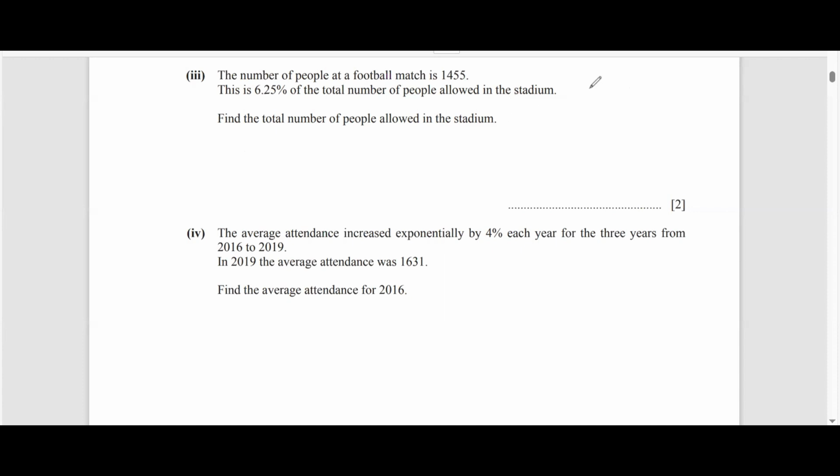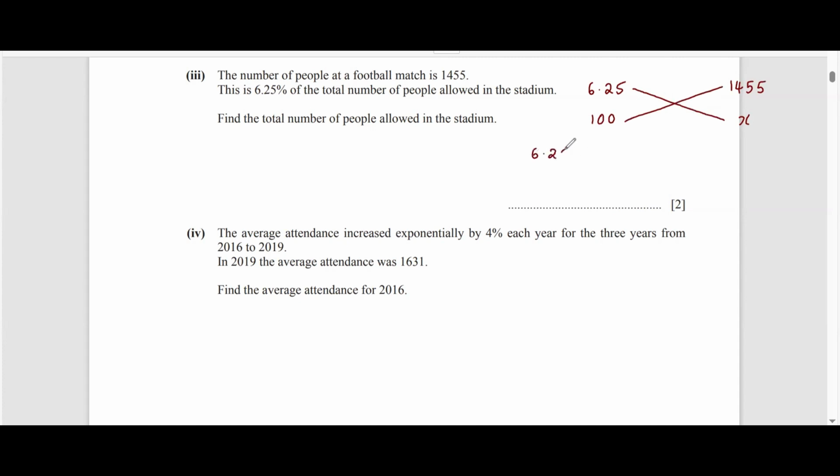So 6.25% of the people in the stadium corresponds to 1,455 people. So when the stadium is completely full, that means when the stadium is 100%, what will be the number of people? So we just have to cross multiply them.